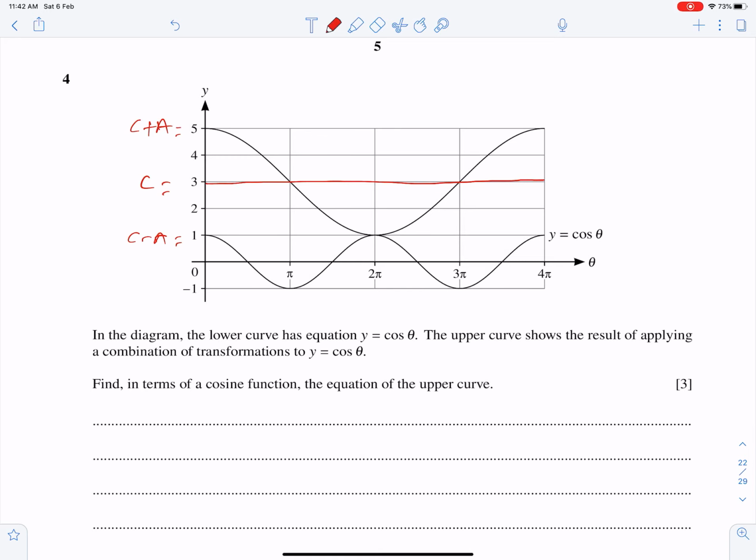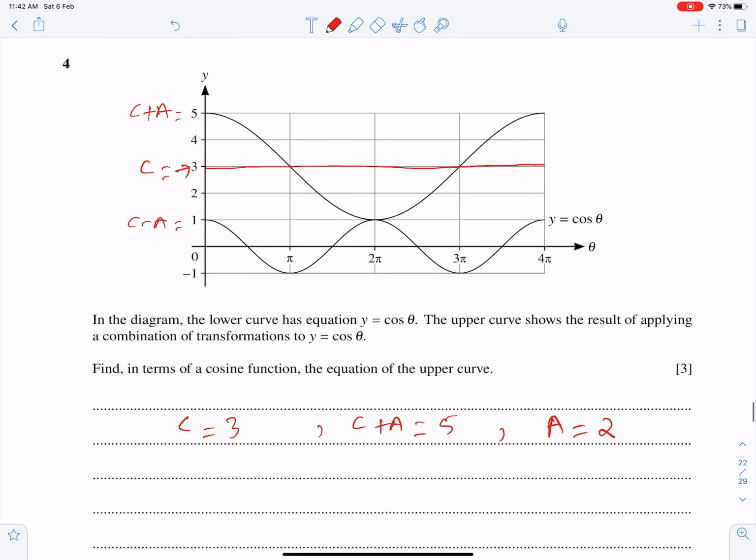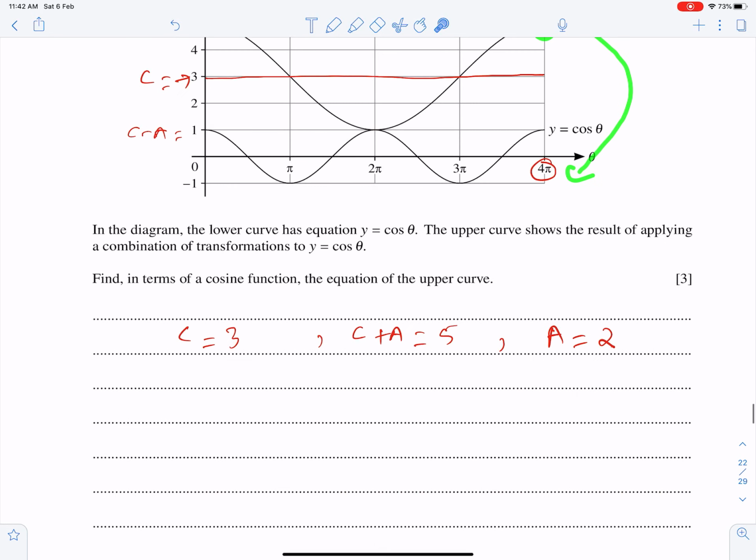So from this sketch we have got these values. C is 3, it's here. C plus a is 5, so a will be 2. And b, this is very important. Since the period of this curve is 4 pi, therefore the value of b will be, this is the formula of the period, 2 pi upon b.